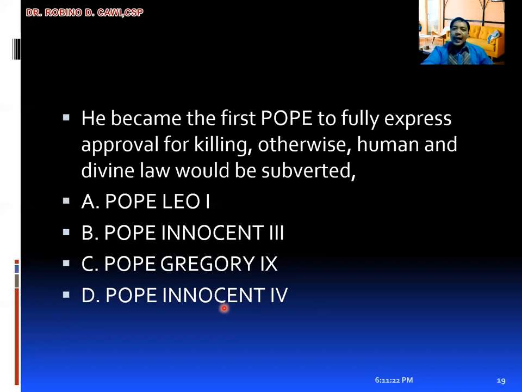Meaning that in order for your confession to be valid, you should have been tortured first. Because according to Pope Innocent IV during that time, torturing a person would lead him to tell the truth and nothing but the truth. Okay, so that is Pope Innocent IV. Torture, okay, as a means of investigative measures during the Holy Inquisition.